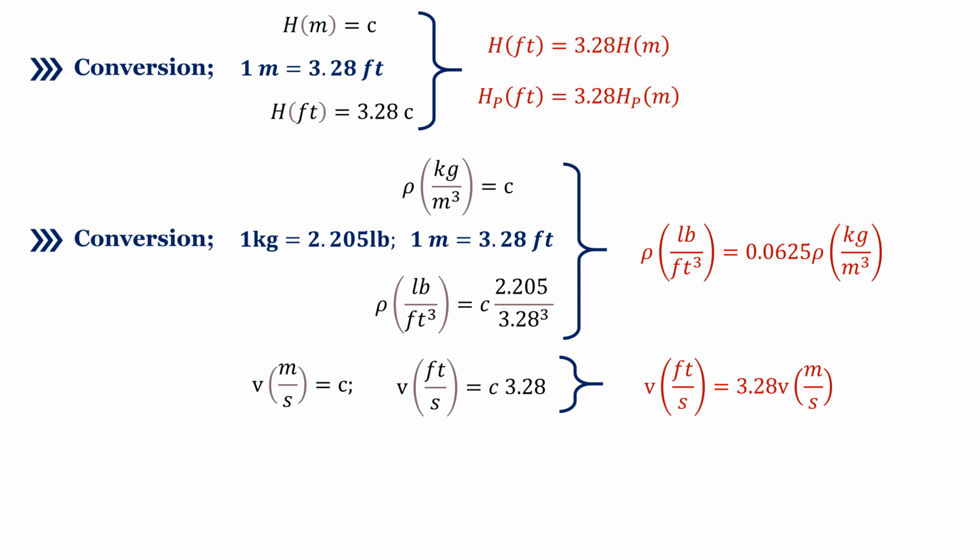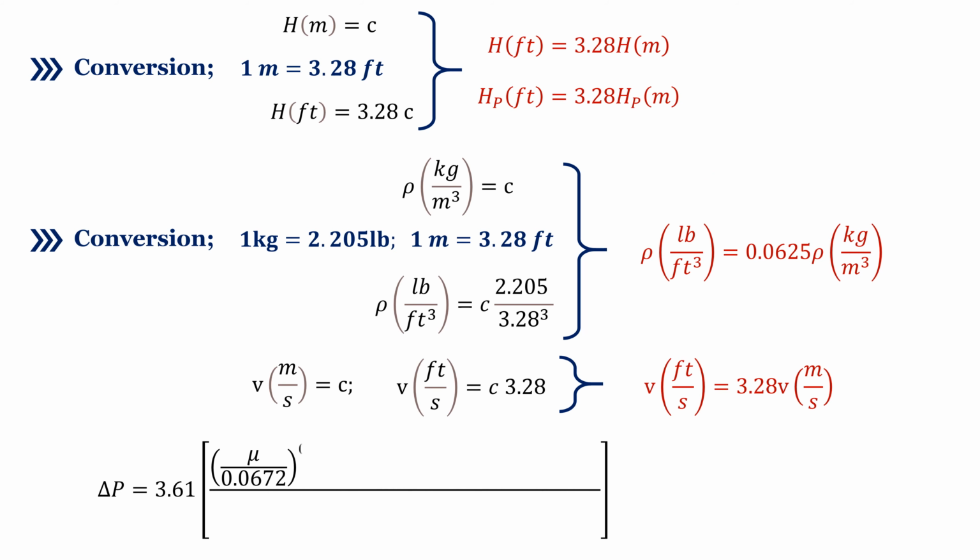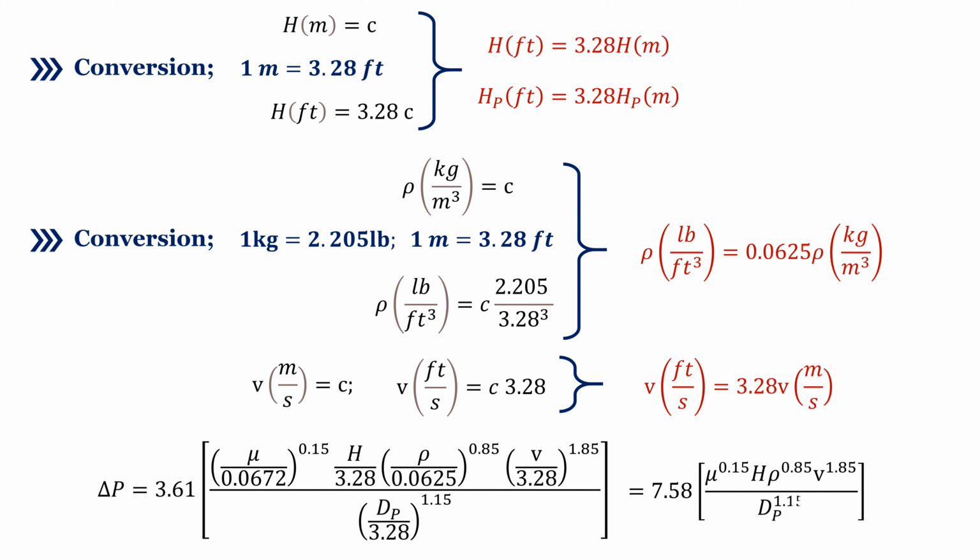So finally we have estimated the equivalent expressions for H, HP, rho and V, and simply put them in the initial equation. So we will get this equation. Finally we have expressed the right hand side in terms of FPS units.